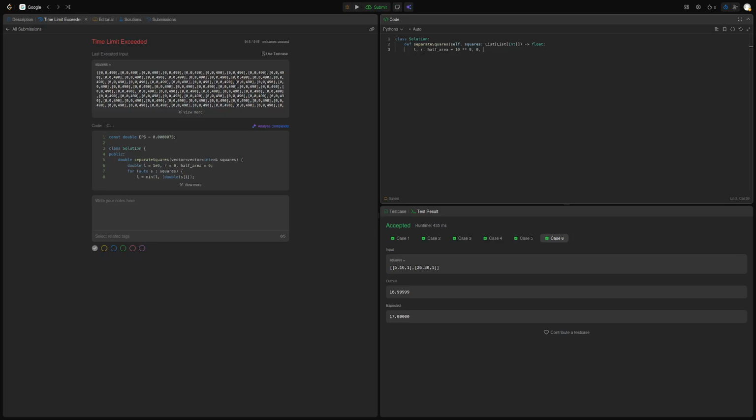Half area is 0. Squares. And now L, XYL.